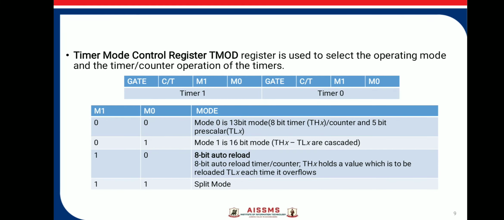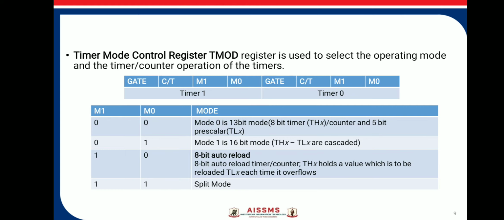Now this timer 0 M0 and M1 modes are also similar to the M0 and M1 modes of timer 1. When we put the mode as 00, that is mode 0, the timer counter registers act as a 13-bit mode, where there is an 8-bit timer and a 5-bit prescaler. Mode 1 is a 16-bit mode.